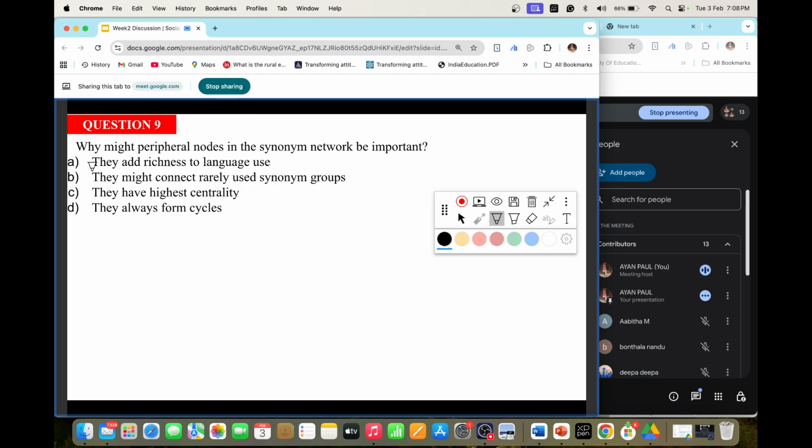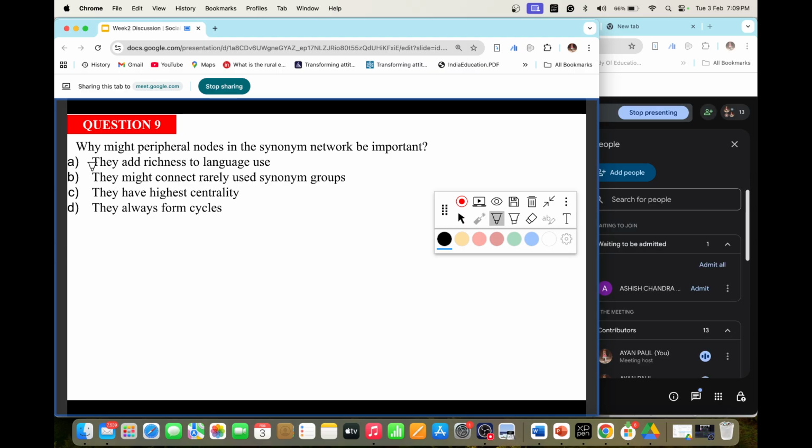Option D, they always form cycles. So again, why might peripheral nodes in the synonym network be important? They add richness to the language use. They might connect rarely used synonym groups. They have high centrality, and option D, they always form cycles. So any guesses for this?